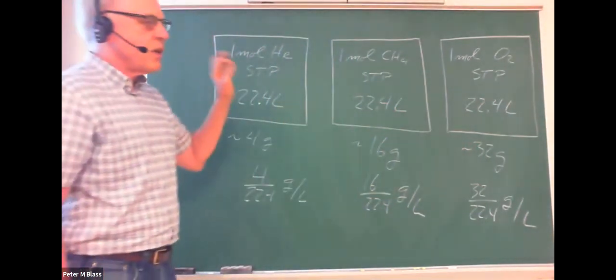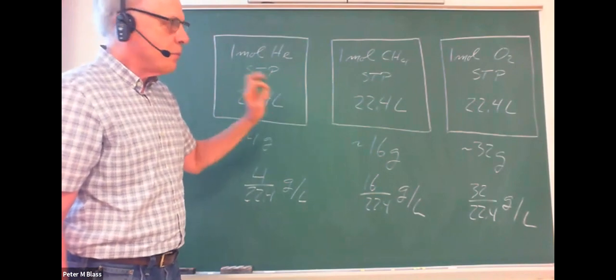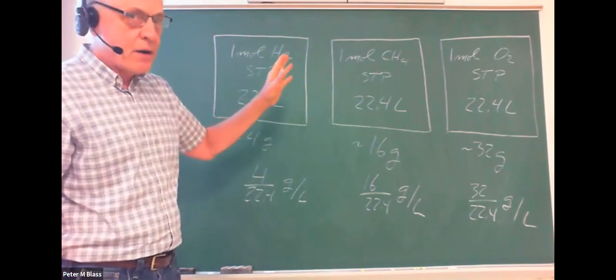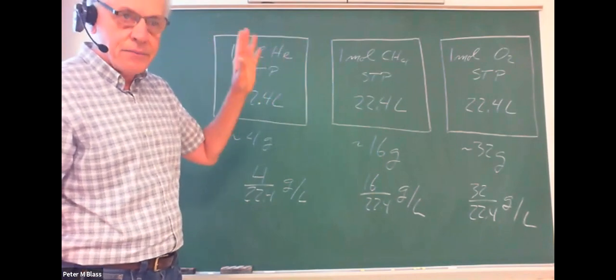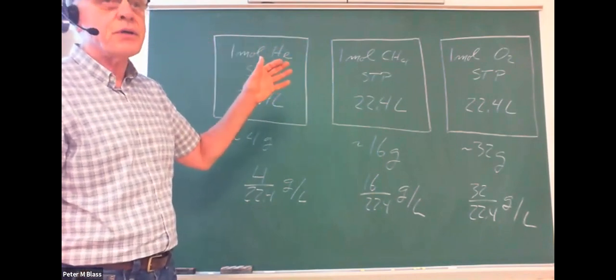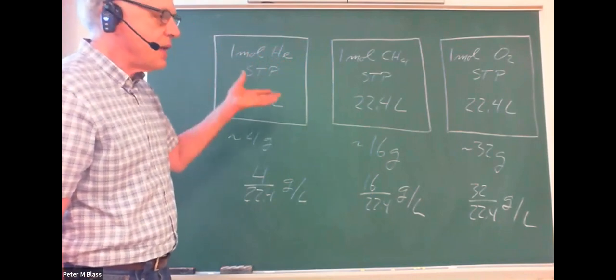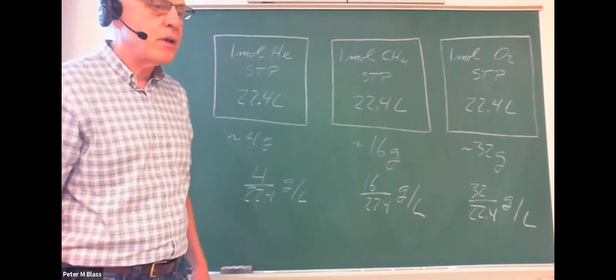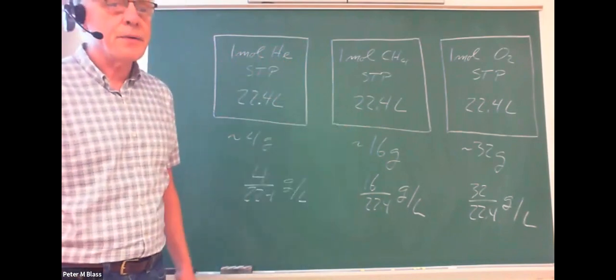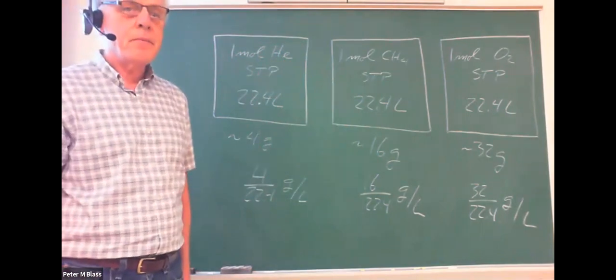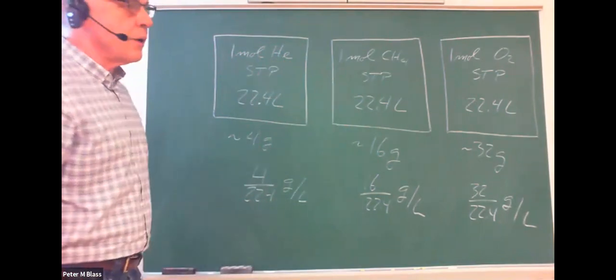So the lesson is, at a given temperature and pressure, STP, but it could be some other pair at any constant, at a given temperature and pressure, the molar mass and the density of the ideal gas are proportional to one another. The bigger the molar mass, the bigger the density. Well, there's a lesson there right away.